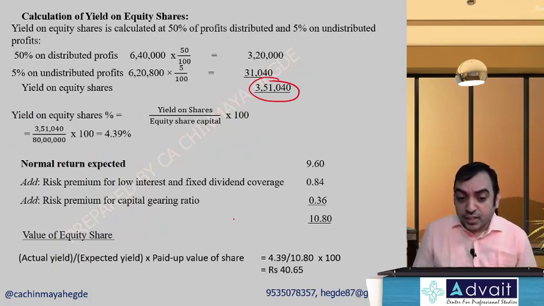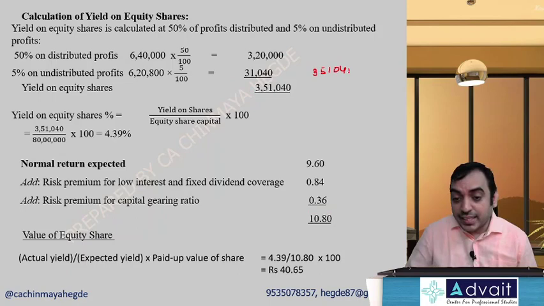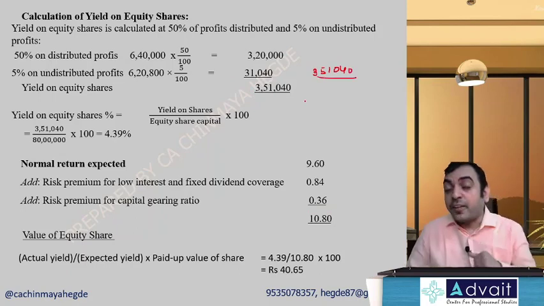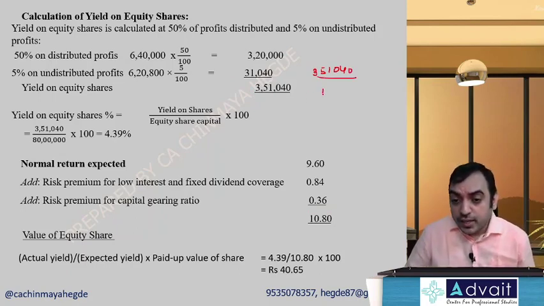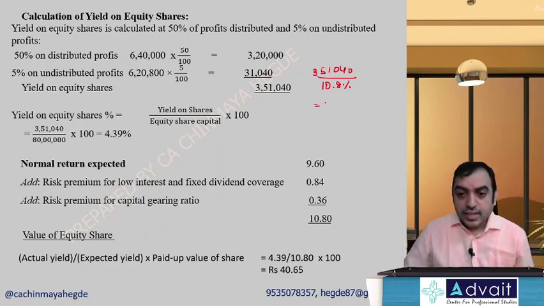Your required rate of return is how much? As per this one, 10.8%. So calculate 3,51,040, which is the yield, divided by 10.8%, like a perpetual cash flow. How much do you get? 3,51,040 divided by 8%.